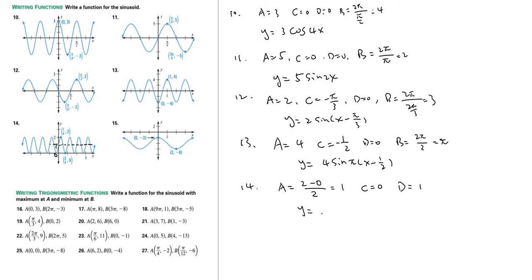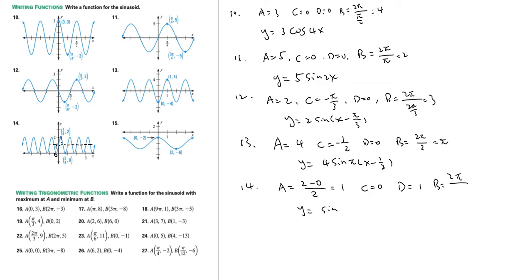So we have y equals sine. What is B going to be? B is 2 pi divided by the period. Can't really see well from here, but it's fine. We have the maximum and the minimum from 1/4 to 3/4, so it's going to be half between those two.